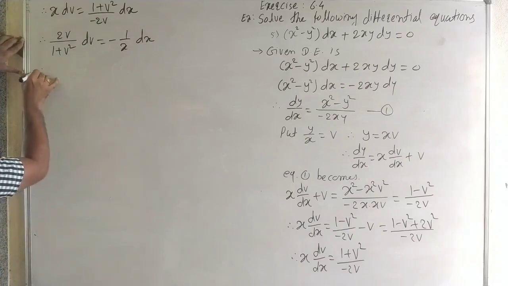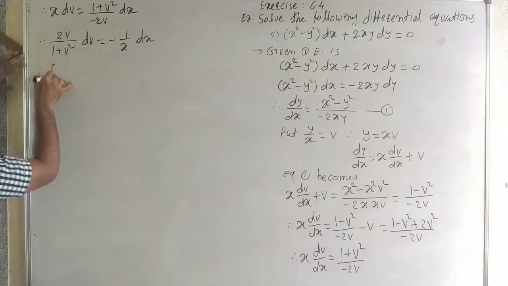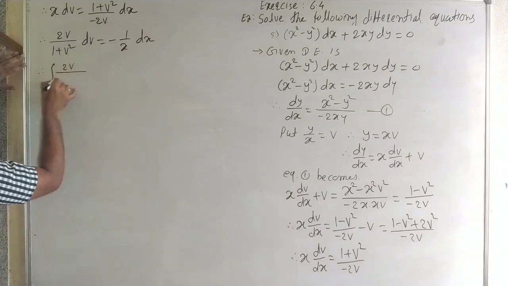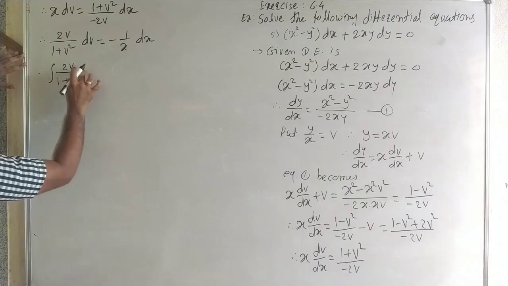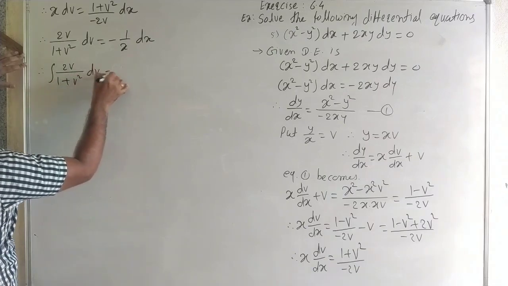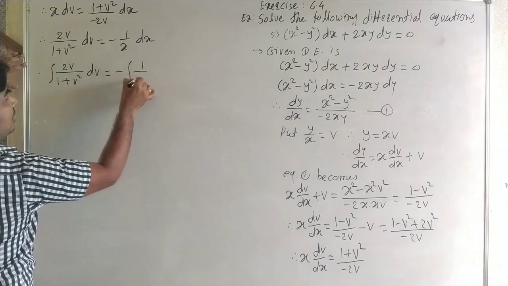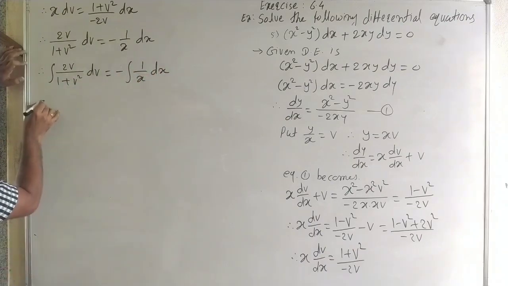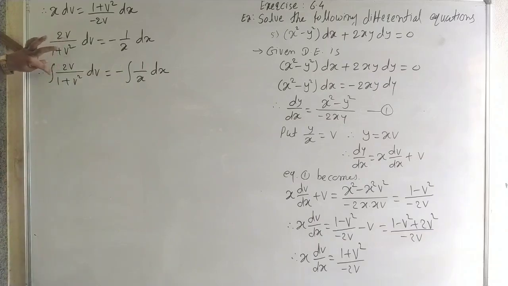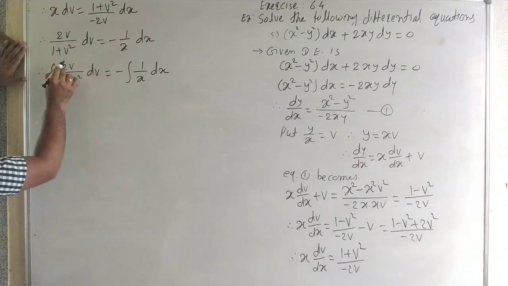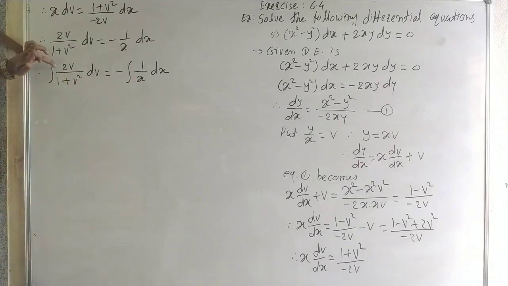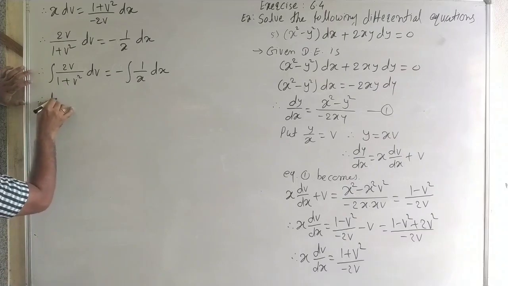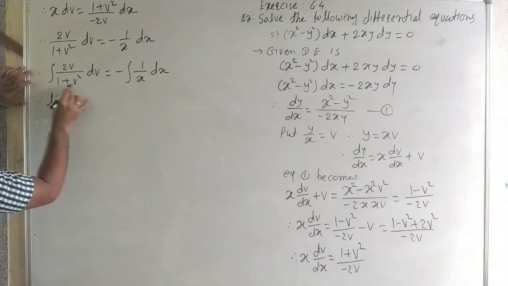Then taking integral, variables are separated, taking integral, 2v upon 1 plus v square dv is equal to minus integral of 1 by x dx. Then clearly 2v is the derivative of 1 plus v square. Therefore it is f dash of x upon f of x form. Therefore the integral is log of f of v.